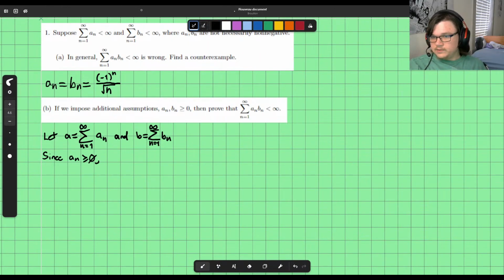Since a sub n is greater than or equal to 0, the sequence containing a sub n is majorized by a.